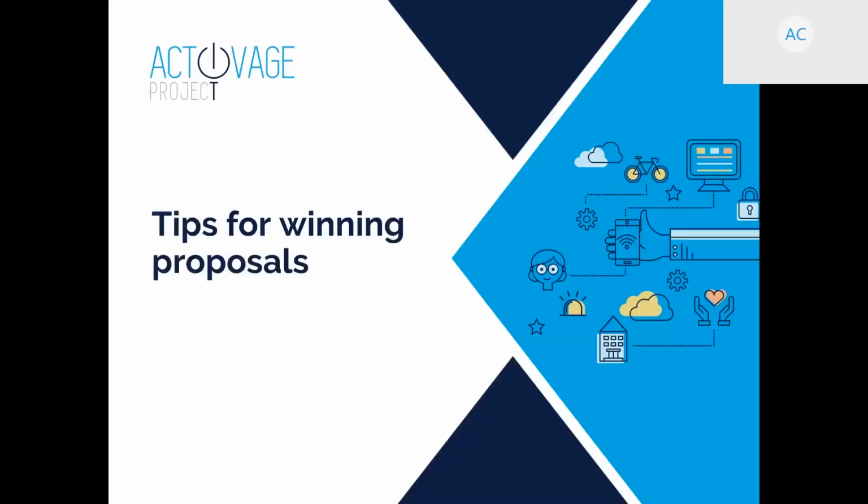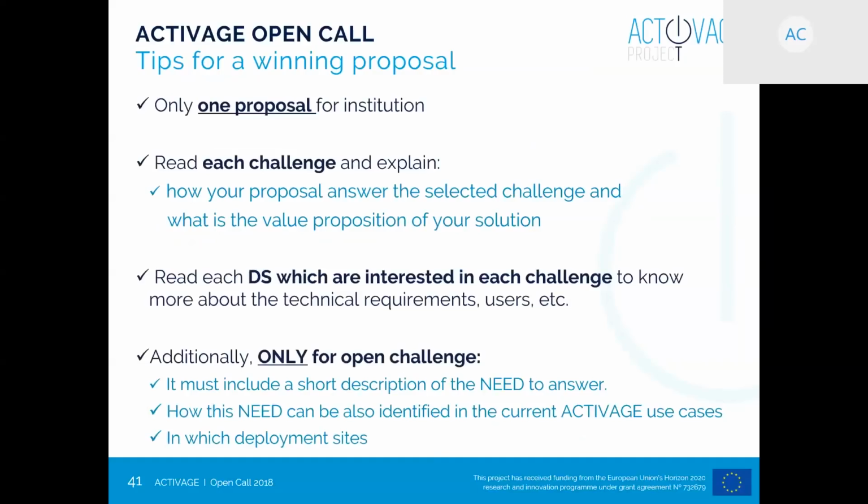I would like to close the presentation with some tips to take into account for the proposals. Once we finish this part, we can start with the questions related to the administrative budget and the technical aspect. First of all, we need only one proposal per institution. It's really important to read each challenge and explain how your proposal will answer it and what the value proposition is for this challenge.